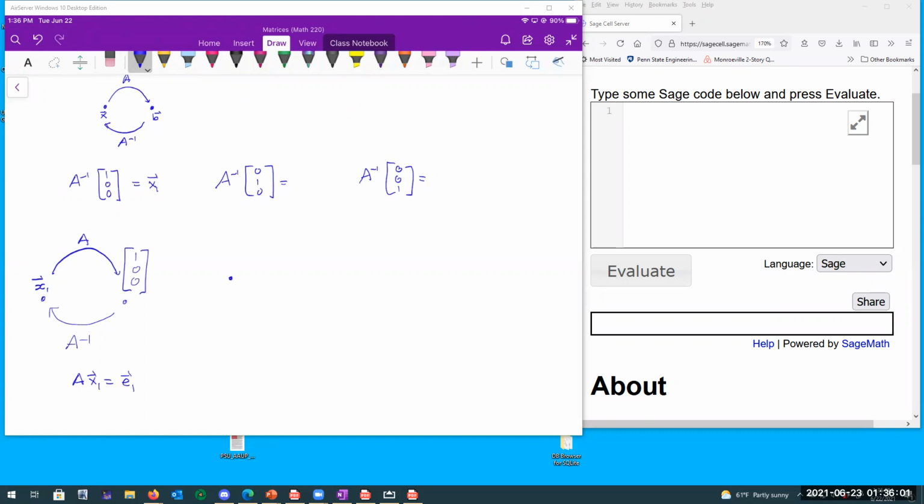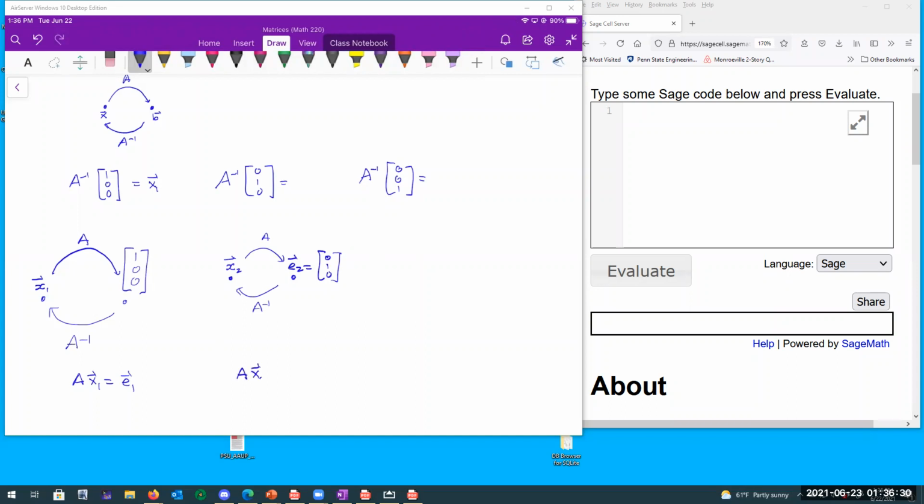Similarly, A will send some unknown vector X2 to E2. The reason we're interested in this is going back the other way. A inverse times the vector 0, 1, 0 is going to be our second column.